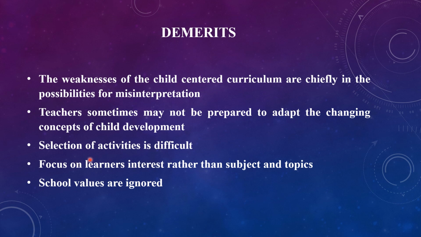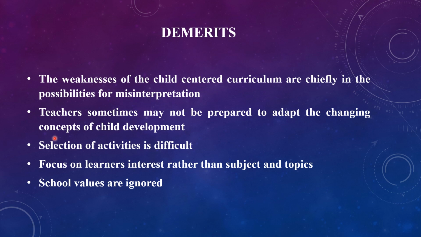Now, the selection of activities is very difficult. Each child is different, and the selection of activities is very difficult while imparting child-centered education in a classroom scenario. Now, the focus is on learners' interest rather than subject and topic. The main focus in child-centered education is on the child, not the subject or the topic or the curriculum or anything else.